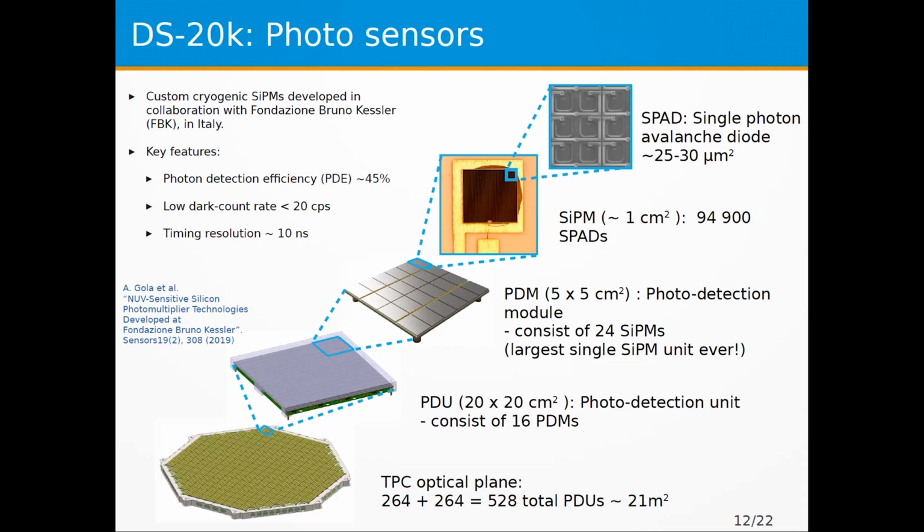There should be 264 of those elementary panels, called PDUs, photo detection units, 20 by 20 centimeters. Each of these is further created from smaller structures, photo detection modules, 5 by 5 centimeters, and then we can go to the simplest element, the single photon avalanche diode. These were developed in collaboration with Fondazione Bruno Kessler from Italy.